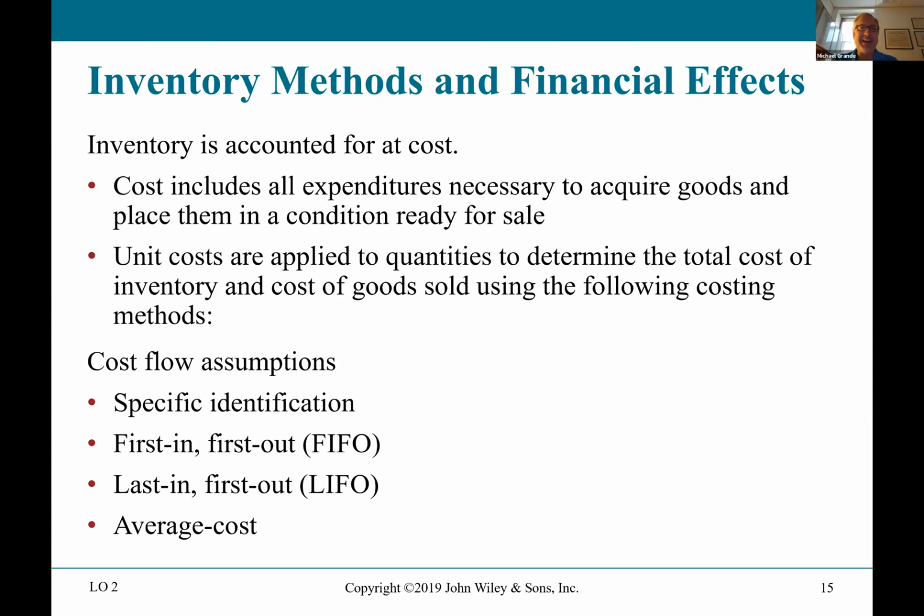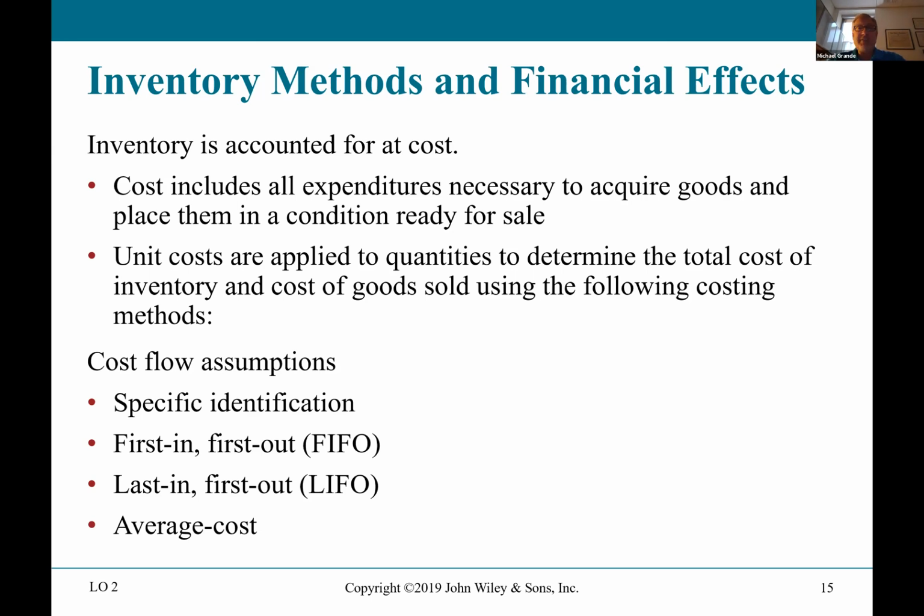Well, it depends on the flow. We don't know what the actual flow is, but we have to make an assumption. Those flows are, well, we have specific identification. We can specifically identify what's being sold. The second method is first in, first out. And again, it's an assumption. The first product that came in, the first one that went out.